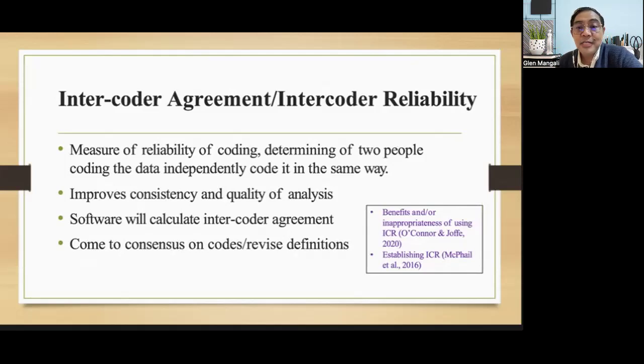We want to ensure that there is no bias in our result. Hence, we are looking for experts or another person to do it, not really to do it for us, but so that we can ensure our reliability. Sometimes there is also software that can calculate the intercoder agreement, or sometimes it can be a consensus of codes or a revised definition.